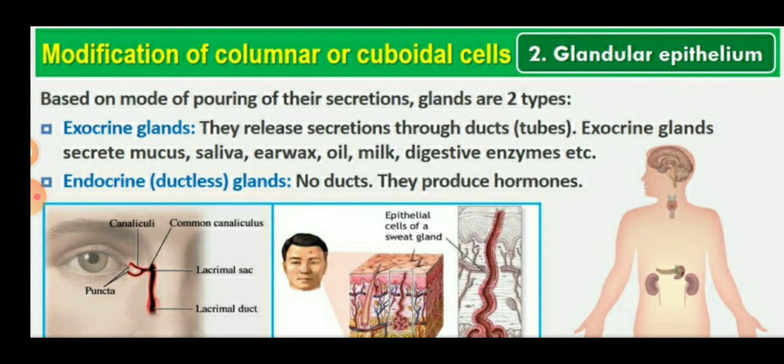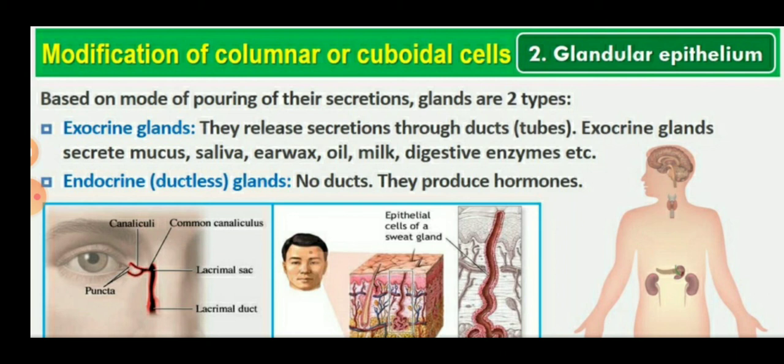So children, based on the mode of pouring their secretion, the glands are mainly two types. First is the exocrine glands and the second is the endocrine glands. Endocrine glands, we know, are the ductless glands, and there are no ducts because they produce hormones directly into the blood.